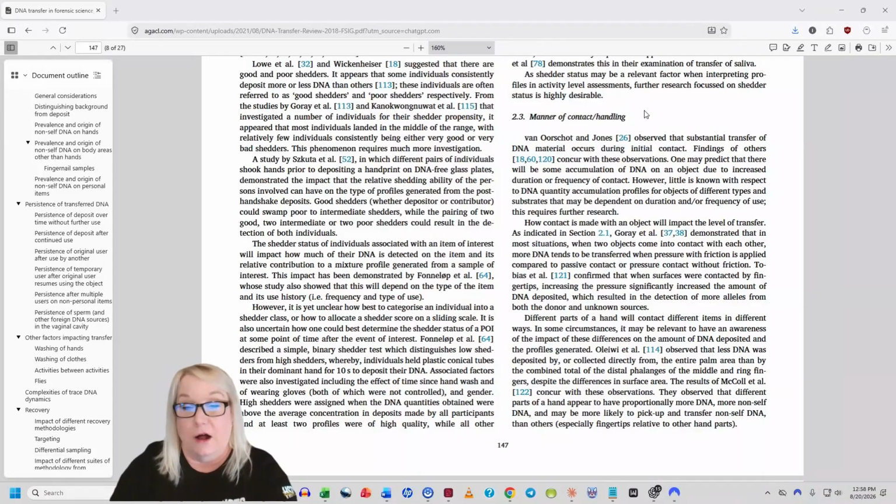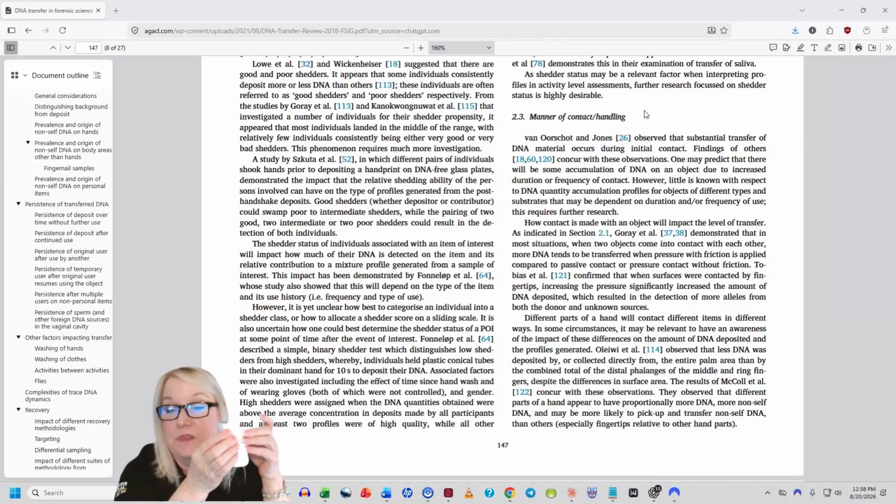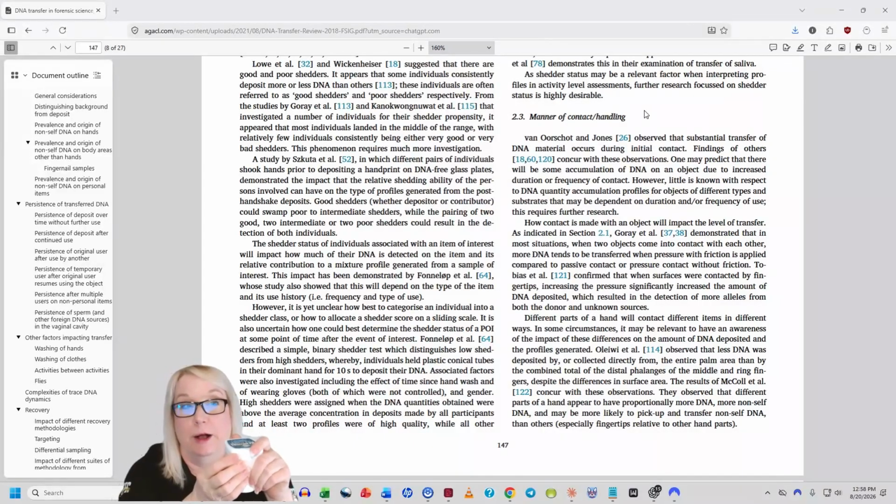Tobias et al. confirmed that when surfaces were contacted by fingertips, increasing the pressure significantly increased the amount of DNA deposited, which resulted in the detection of more alleles from both the donor and the unknown sources. Let's talk about how this will be important.